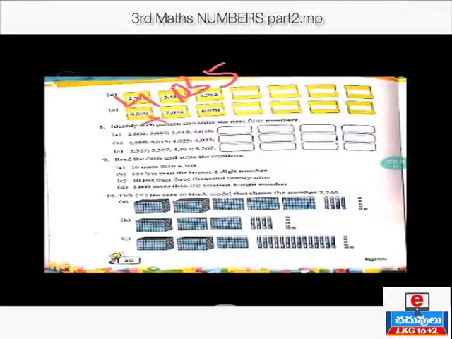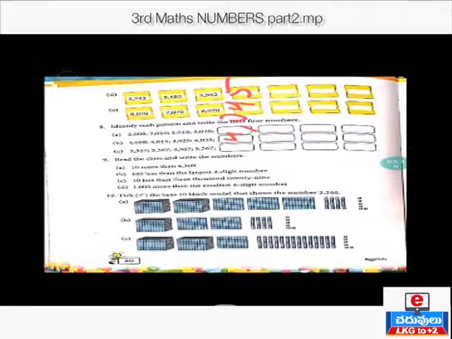Again we add 10, we get the next number. 5 plus 0, 5. 3 plus 1, 4. 0 plus nothing is 0. 4 plus nothing is 4. The next number is what? 4045.